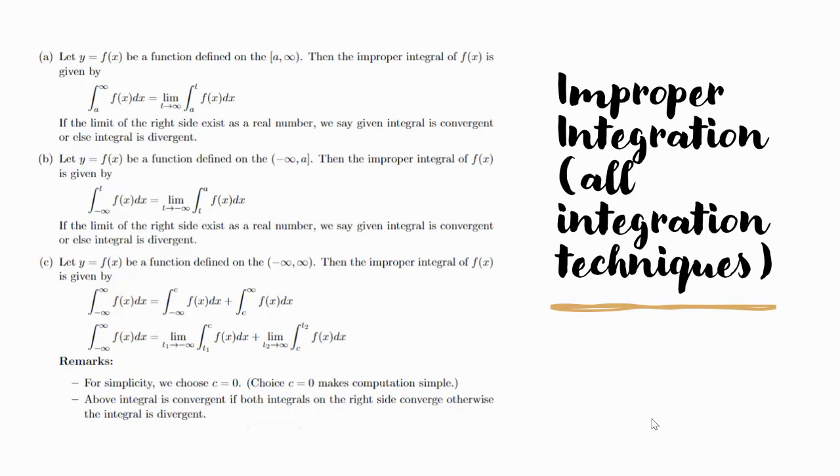And if it's from negative infinity to positive infinity, then you want to break it up at a point c, or just any point, so that you can split it up into two limits and solve those. So this covers what improper integrals are.